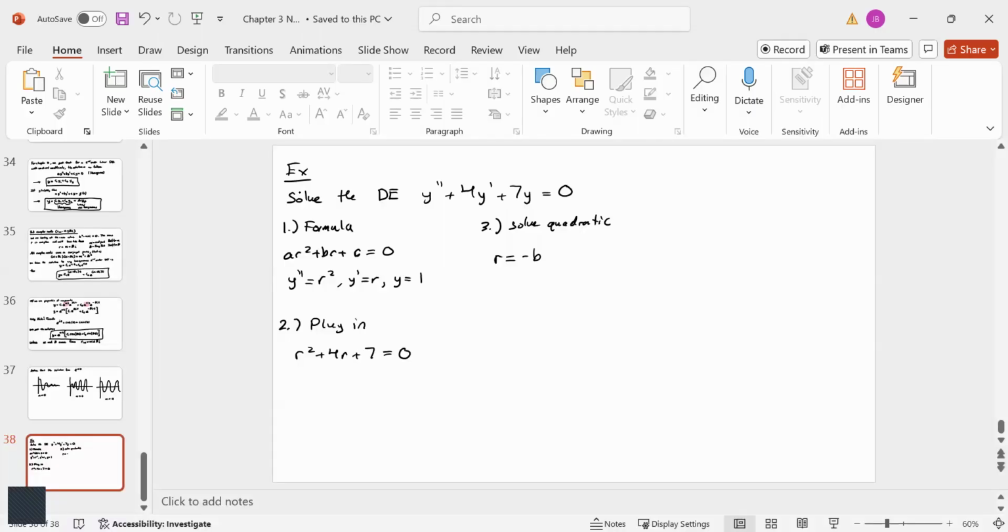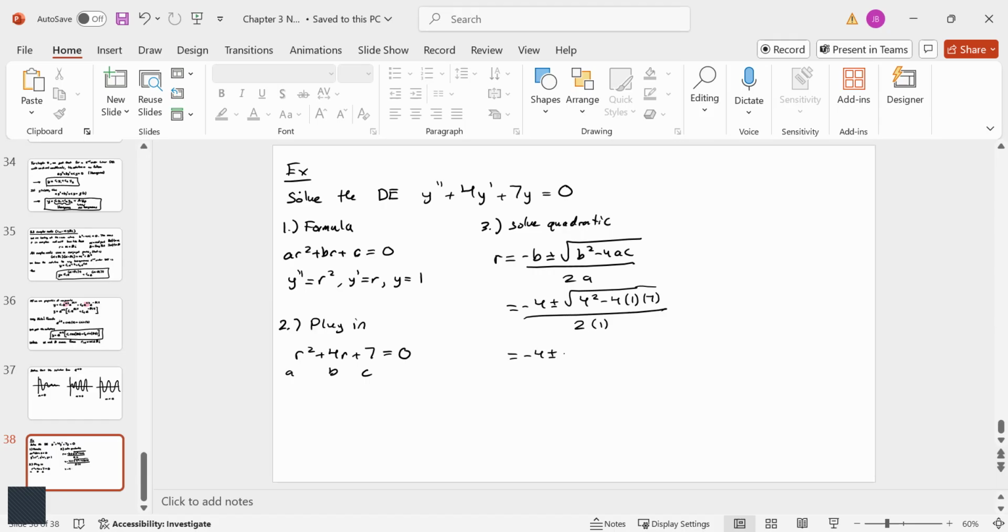So r is equal to negative b plus or minus the square root of b squared minus 4ac all over 2a. a, b, and c. So negative 4 plus or minus the square root of 4 squared minus 4 times 1 times 7, all over 2 times 1.